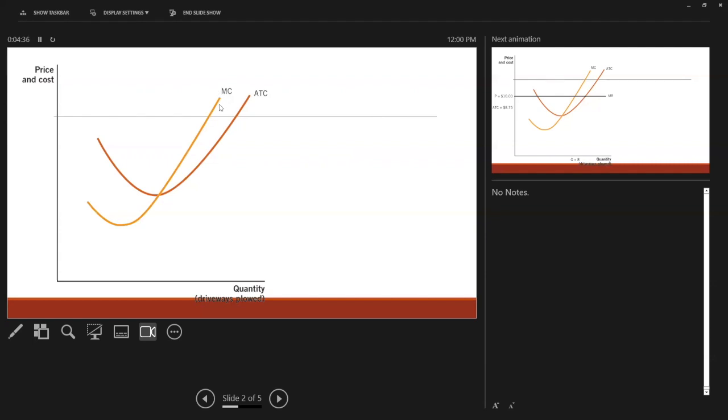That is to say, to the right of this intersection point, marginal cost is higher than average total cost, so average total cost is dragged up. It is rising. And to the left of this intersection point, where marginal cost is lower than average total cost, the average total cost is dragged down.